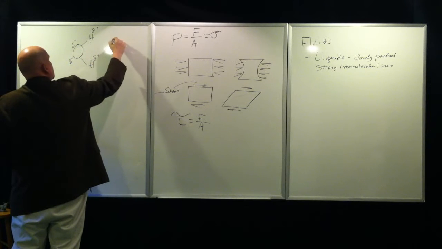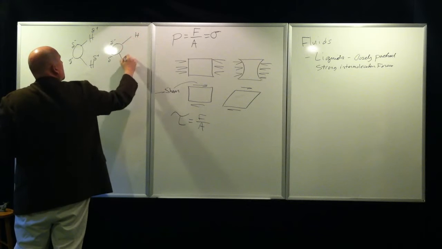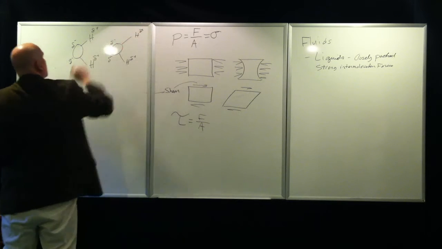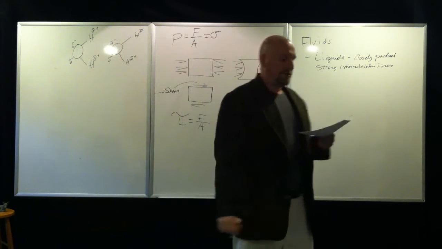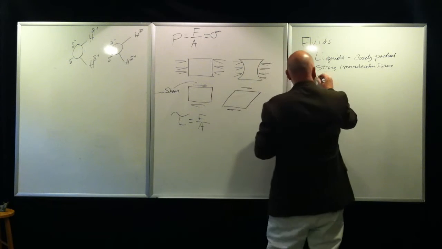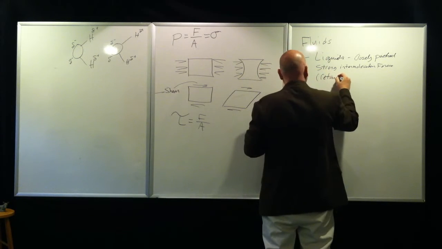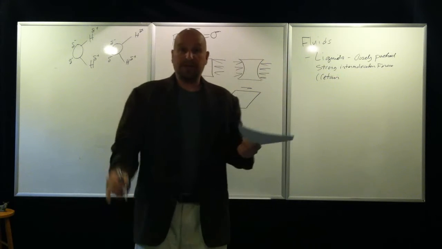There's going to be a connection, or I should say an interaction, between those partial positives and partial negatives. Intermolecular forces are going to be strong with liquids, causing this to retain its volume in a container.